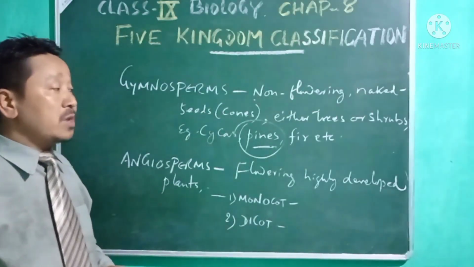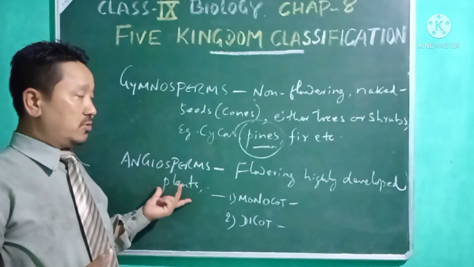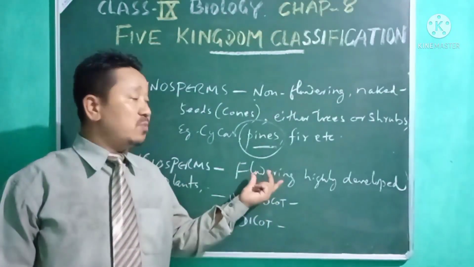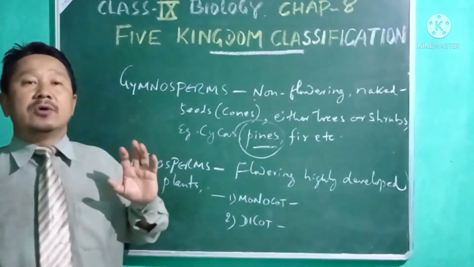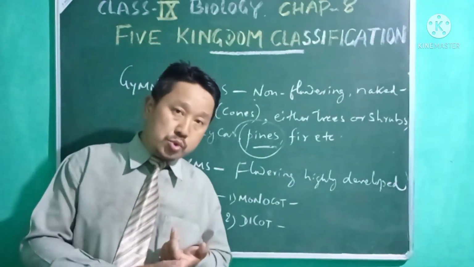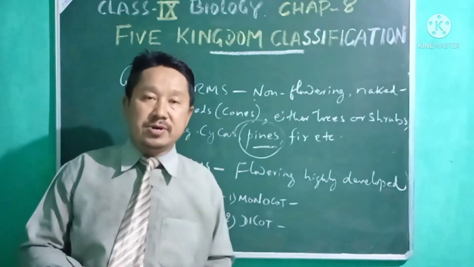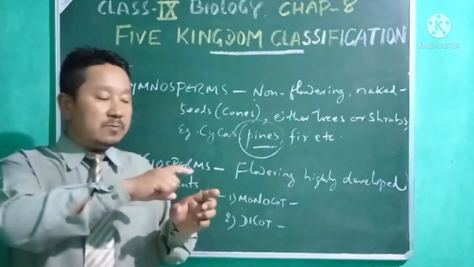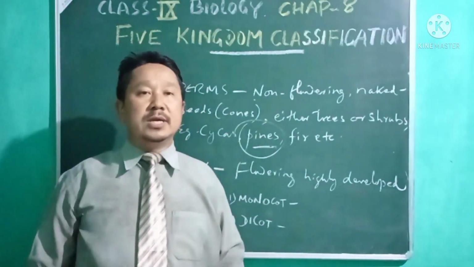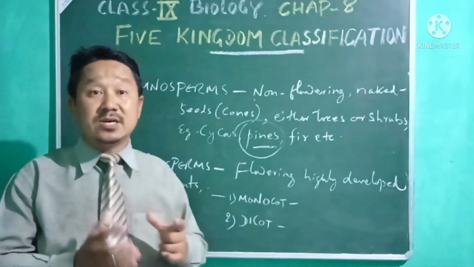Then the last one is the angiosperms, which are the most developed, highly developed plants, which are flowering. That means they bear flowers, and their body is well differentiated into root, stem, leaves, fruits, flowers, everything. After pollination and fertilization, the seeds will be formed inside the fruit.